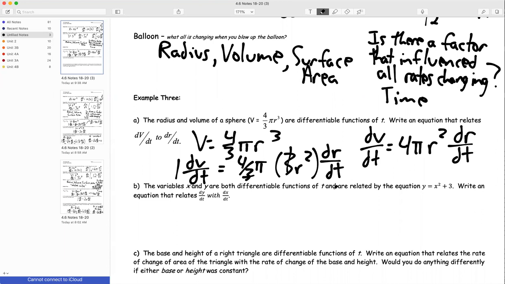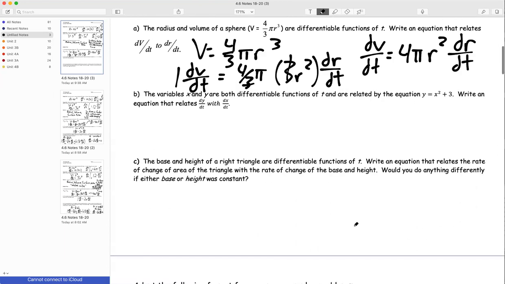Let's look at part B. The variables x and y are both differentiable functions of t and are related by the equation y is equal to x squared plus 3. Write an equation that relates dy/dt with dx/dt. So I need to take the derivative of this.